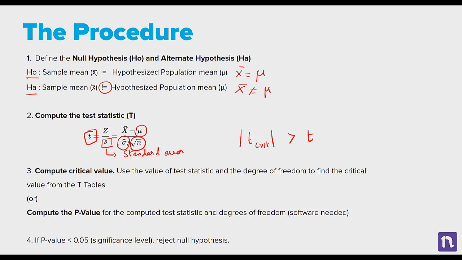While doing the hand computation, I will explain the reason as to why we reject the null hypothesis when the computed t statistic is greater than the critical value, as well as why we reject the null hypothesis when p-value is less than 0.05. Now let's go to the hand computation.